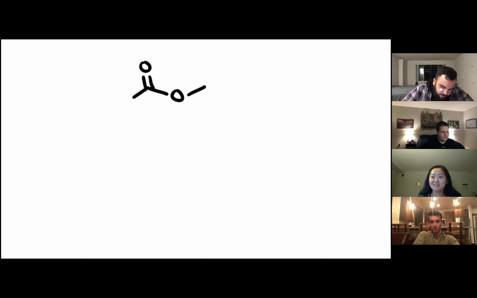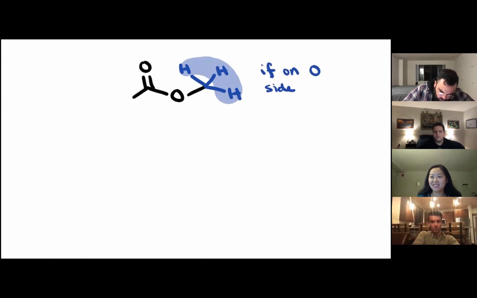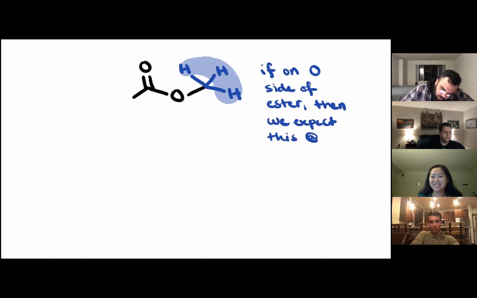Any protons that show up over here, if it's on the oxygen side, then we expect this to show up at around 3.6 to 4.6 ppm.